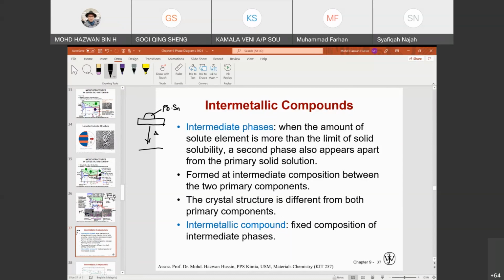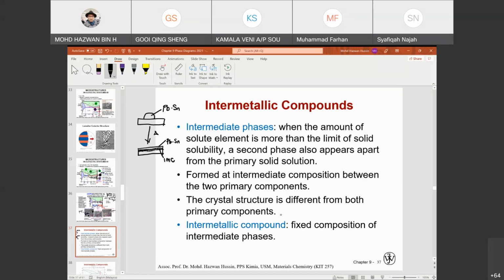So what will happen is that you'll see the layer on top will be covered with your soldering material because it has already melted at a lower temperature, and you have some elements or materials that penetrate inside the substrate. Okay, so this has been infused into the substrate due to the heating process.